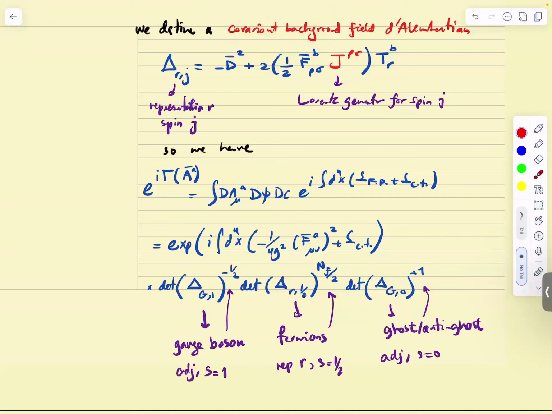But you can now see that if you had matter fields of higher spin coupled to a gauge field, or some matter fields transforming in some other representation of the gauge group, all you need to do is plug in the appropriate delta, whether they're fermionic, anti-commuting fields or not, inside the determinant, and that calculates this in one shot.